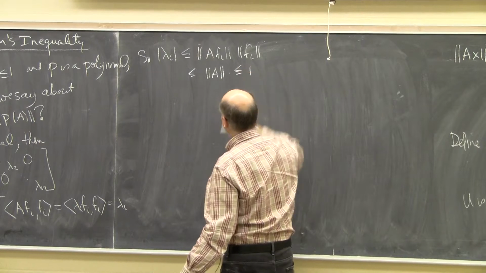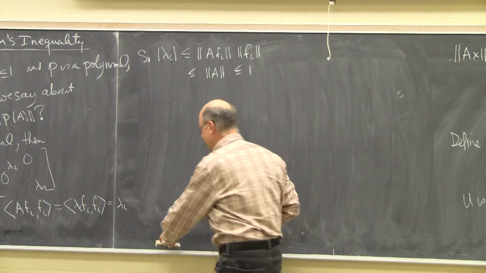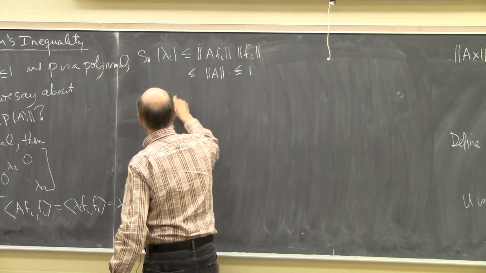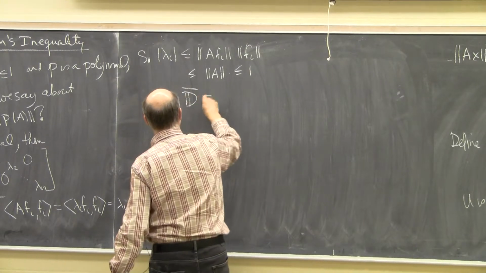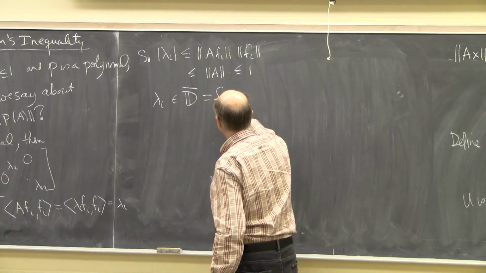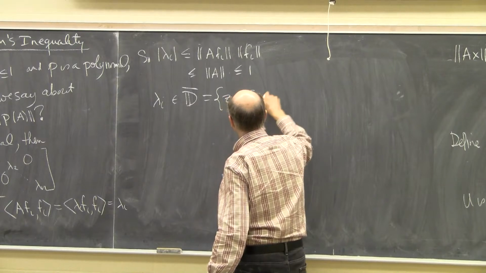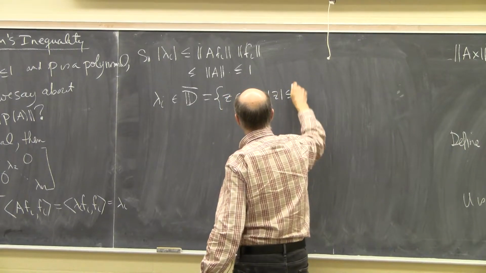That's less than or equal to 1. So the lambda_i's belong to the closed disk, the set of all complex numbers z such that the absolute value of z is less than or equal to 1.